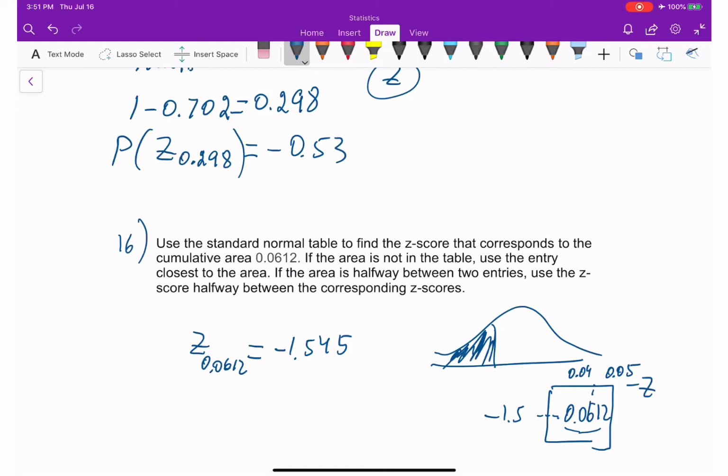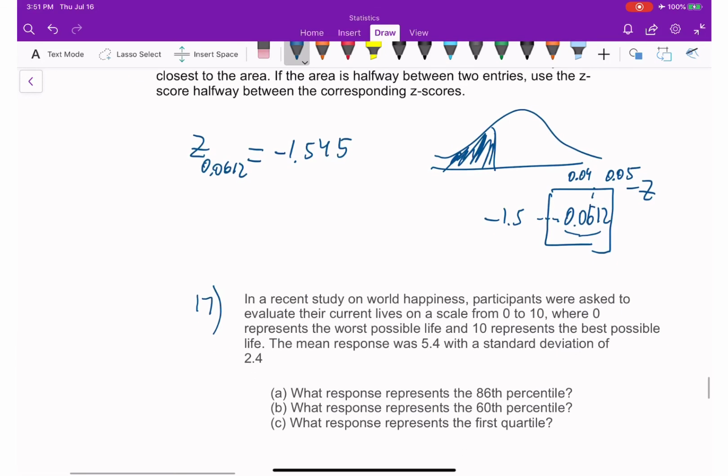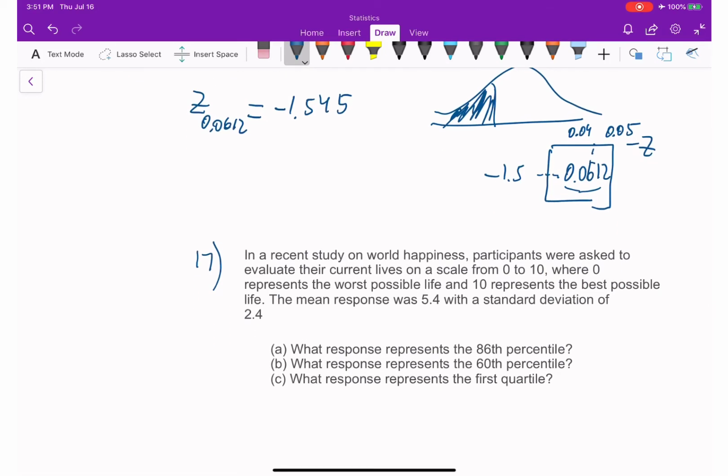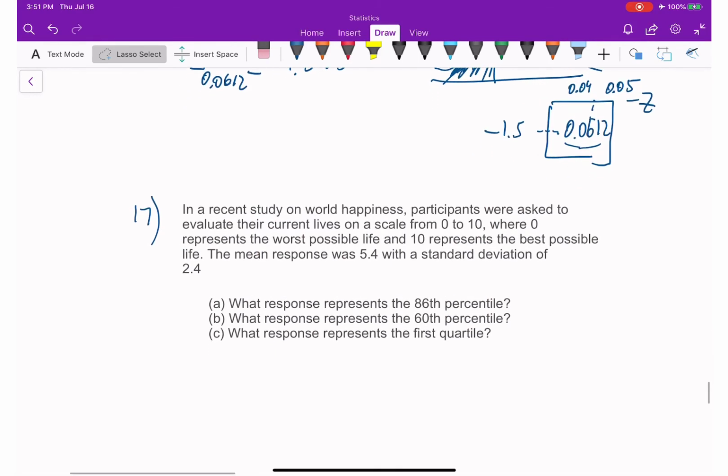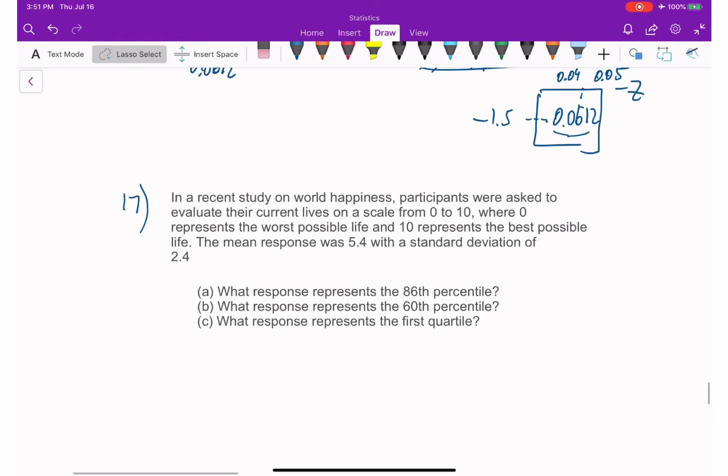Next one, 17. Let me see what's going to happen on 17. Here it is. In a recent study of world happiness, participants were asked to evaluate their current life on a scale from 0 to 10, where 0 represents the worst possible life and 10 represents the best possible life. The mean response was 5.4.